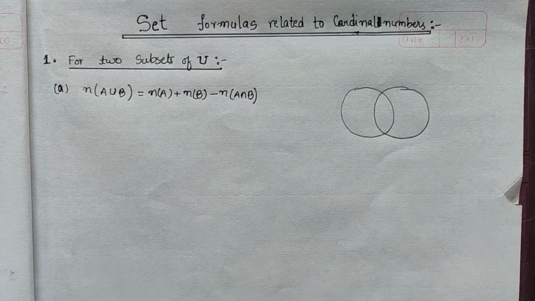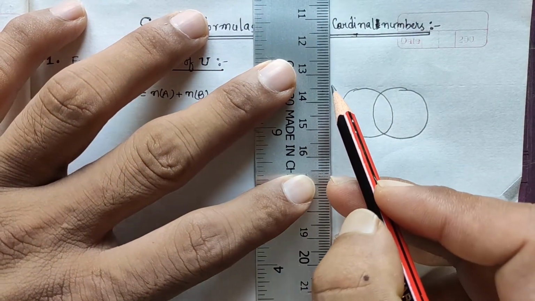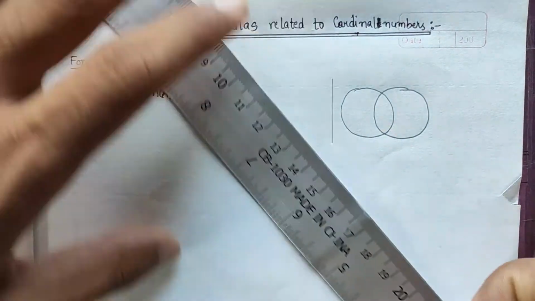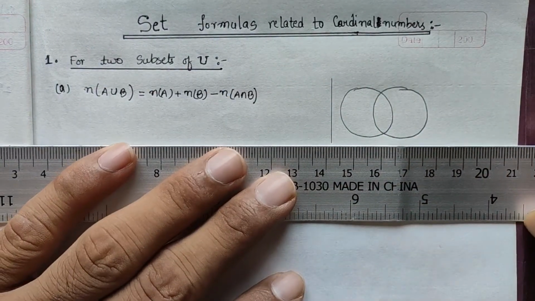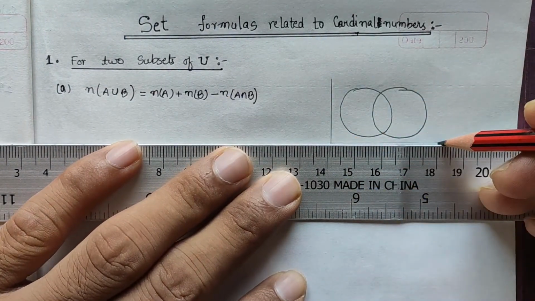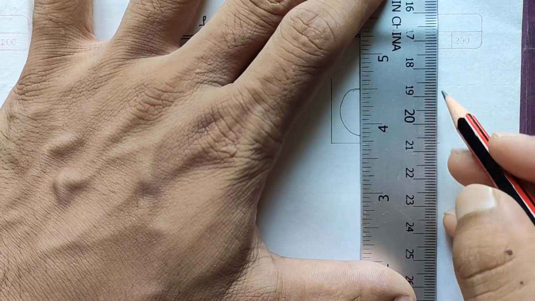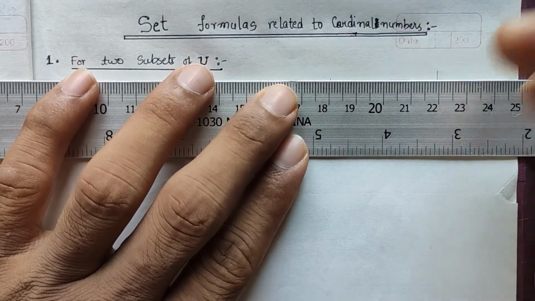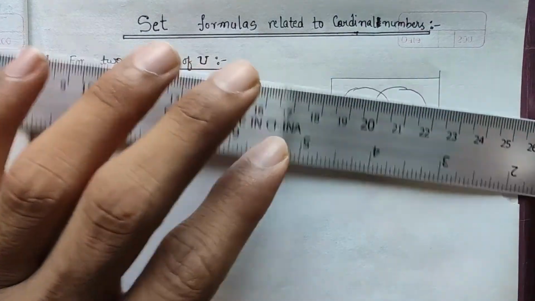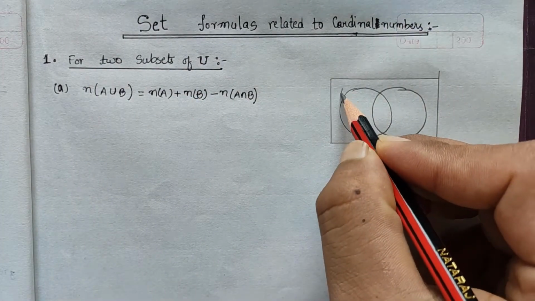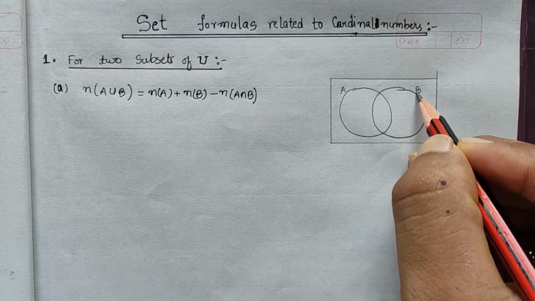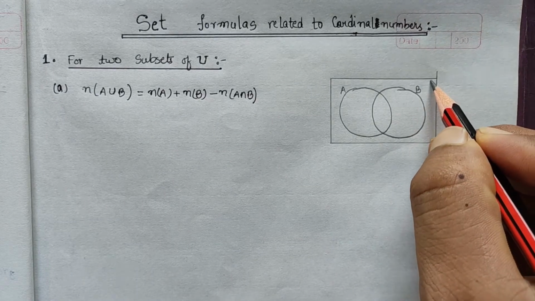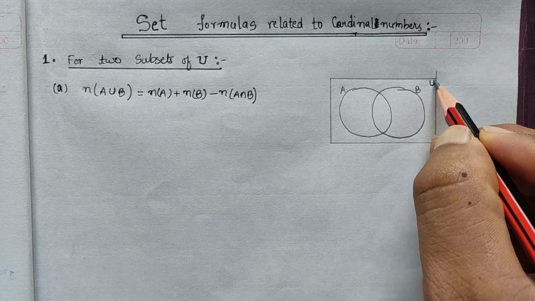Okay, and we can keep it inside a rectangle or square. Generally when you draw it may be a rectangle, so let's keep them inside a rectangle. Okay, so these are subsets A and B of universal set U. So you have to write U at the corner.